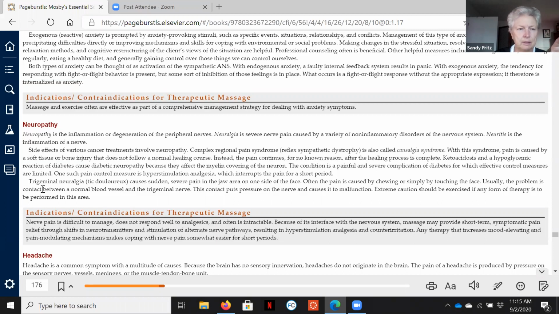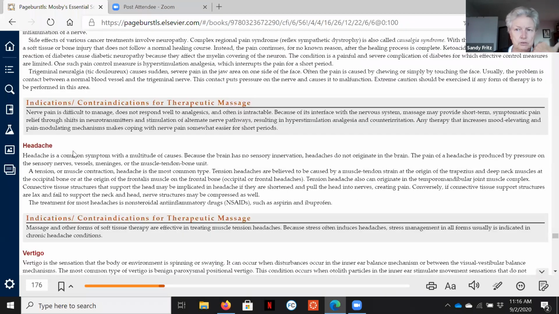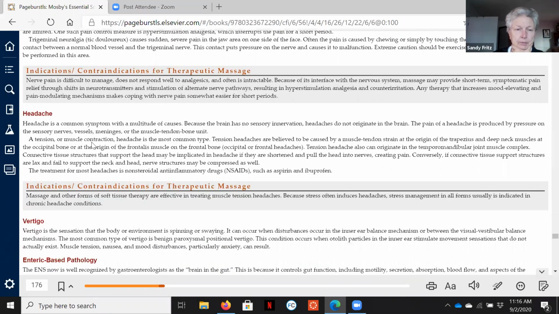Trigeminal neuralgia goes up into the face, very painful. So do make sure you screen and ask about any neuropathy. If somebody has it, they'll know it. And massage can maybe be helpful, but be particularly careful of the trigeminal neuralgia. You can trigger it.